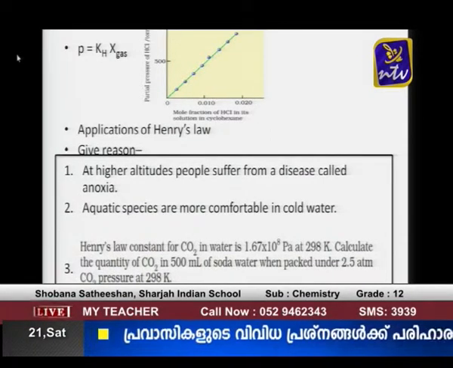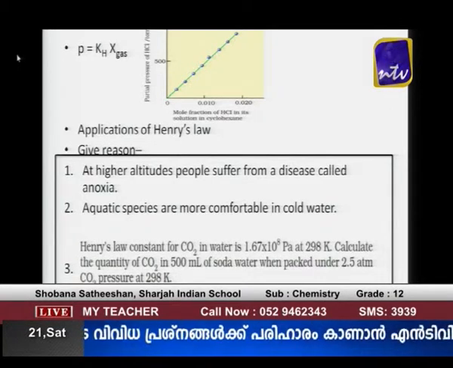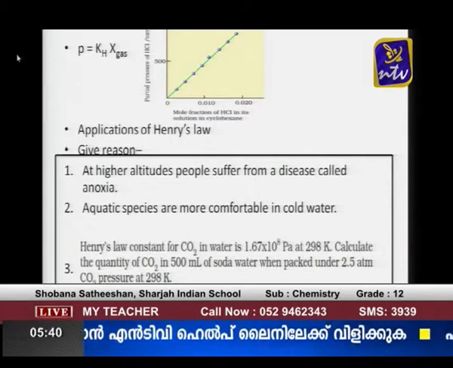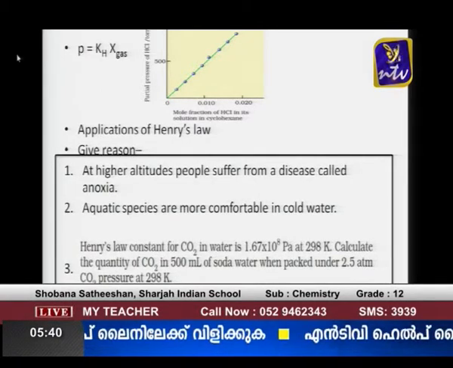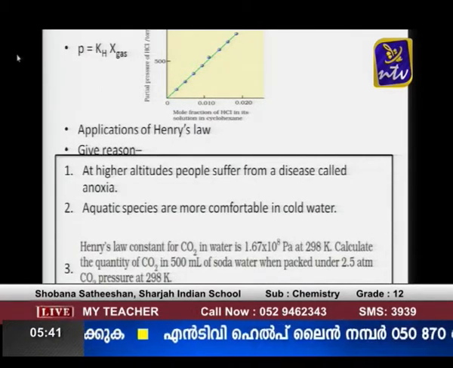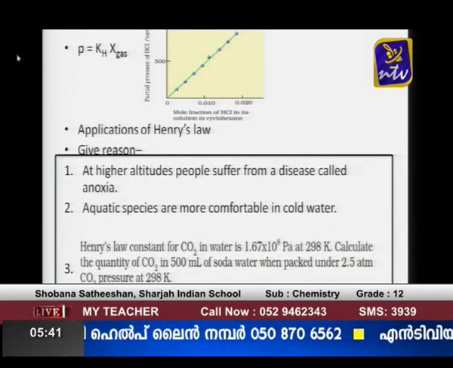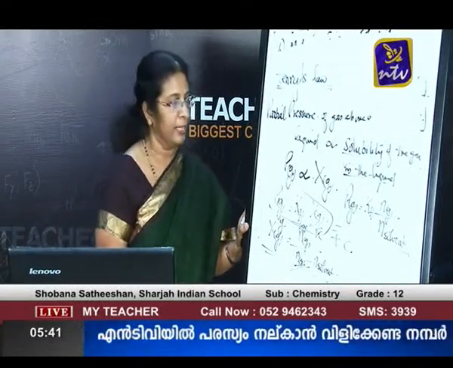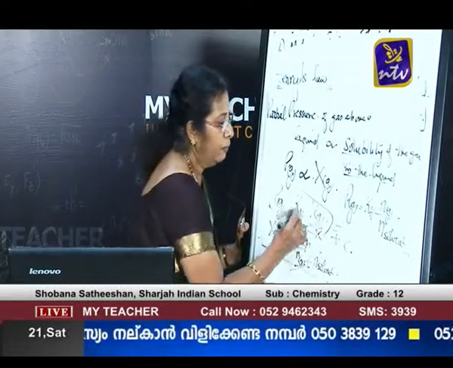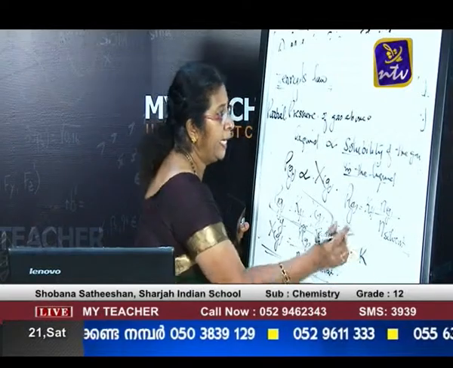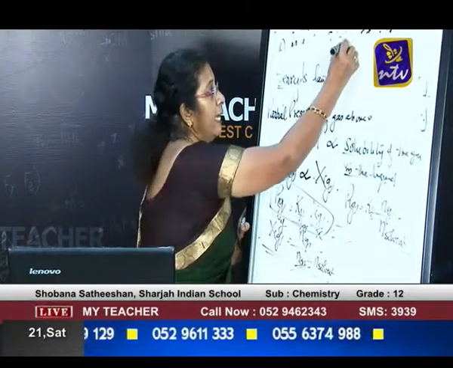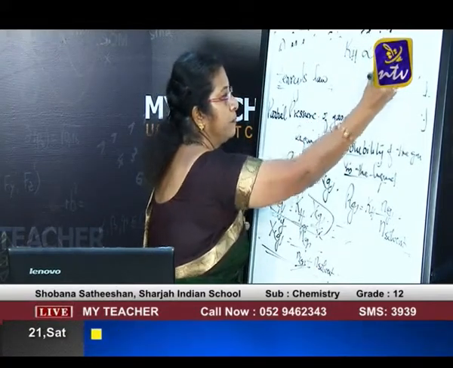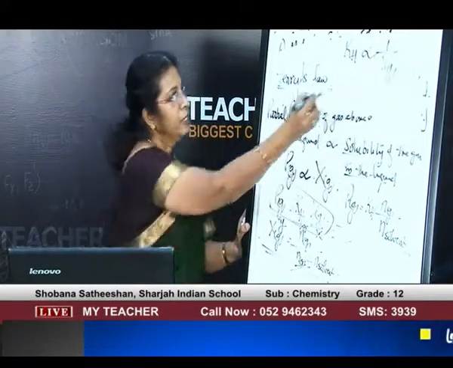H2 is more soluble in water than He at a given temperature. Which one has higher KH and why? For that, we have to see this equation: partial pressure P gas is equal to KH into X gas. From this relation, we know that KH is proportional to 1 by X gas.